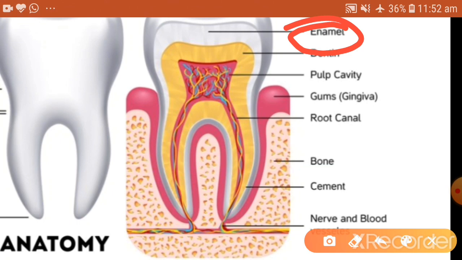Then the bacteria enters, and the whole pulp cavity is infected by bacteria. When the pulp cavity is infected, you get a very bad toothache, isn't it? Because your nerves and blood vessels are here. So when the bacteria comes here, you can feel the pain. That's why we say you should take proper care of your teeth. It even causes a foul smell if bacteria attacks our teeth.